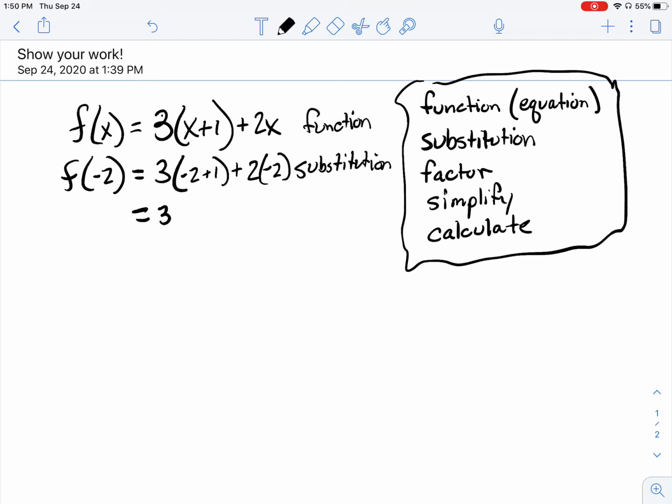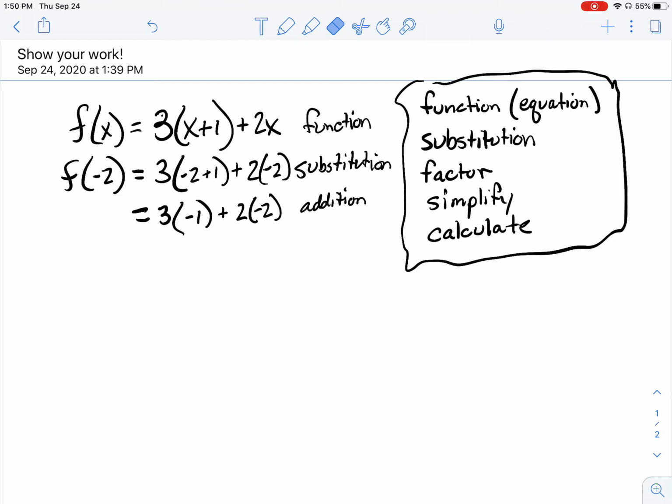So I'm going to take 3, and now this becomes -1 plus 2 times -2. And so there I did a step of addition. Or I could just say I did a calculation, because addition is a form of a calculation.